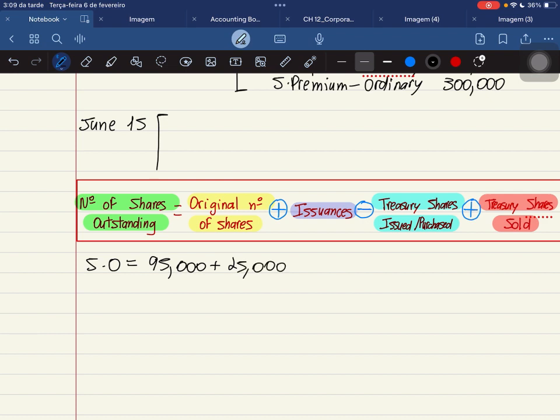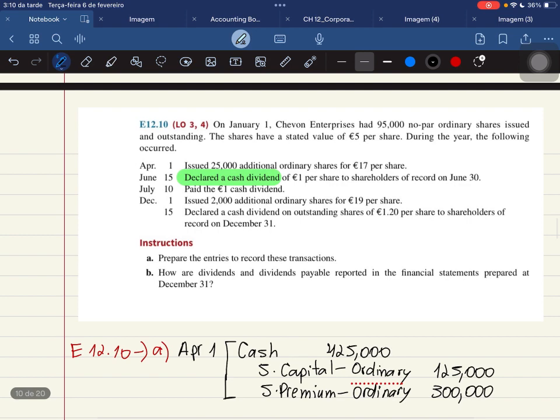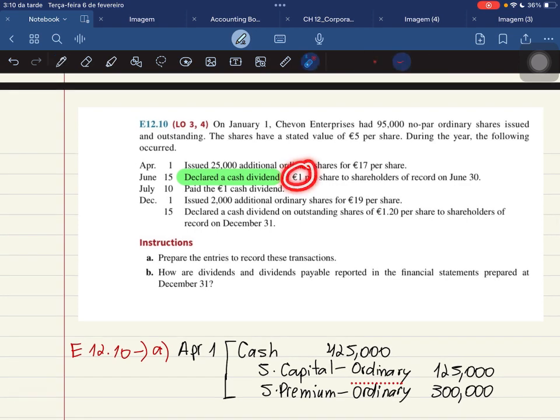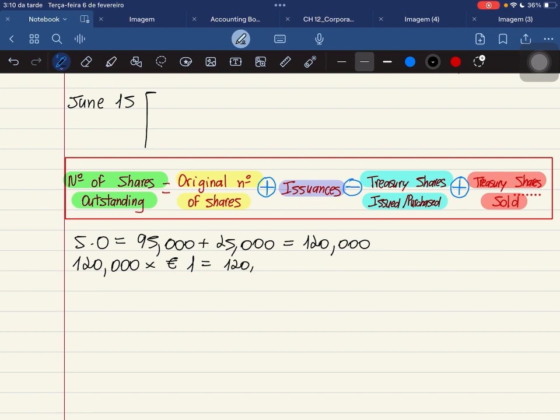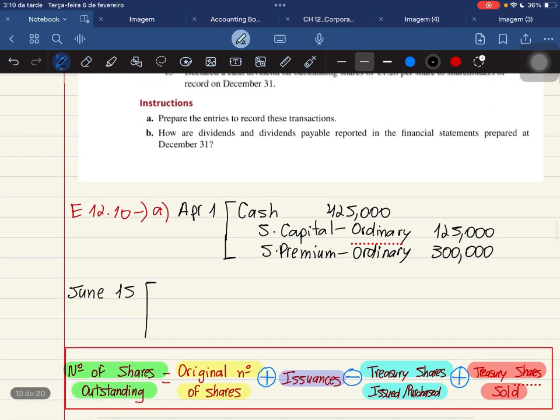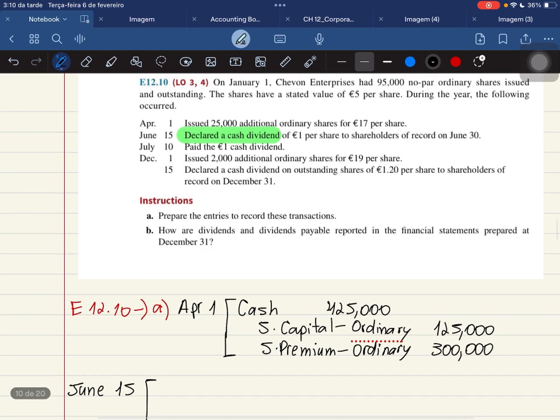So currently the number of shares outstanding for us is 120,000. From that number of shares outstanding, now you can go ahead and multiply by the value that they gave you. In this case, it was €1 per share. So that is just going to be 120,000. Okay, so that is going to be the value.